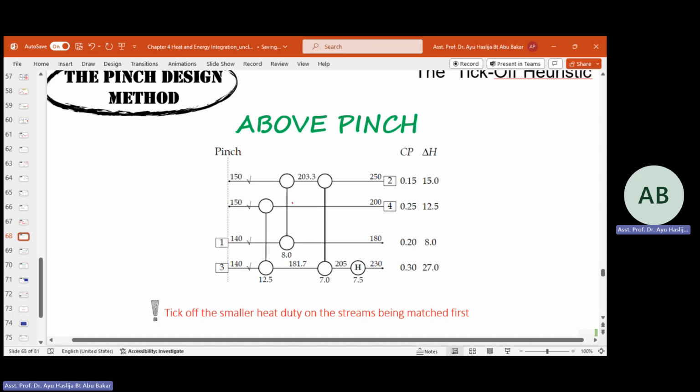So, above pinch now is completed. We identify 7.5 is to be supplied from the hot utility. Now, from here, how many heat exchangers? 4. 4 heat exchangers, right? Plus 1 heater.